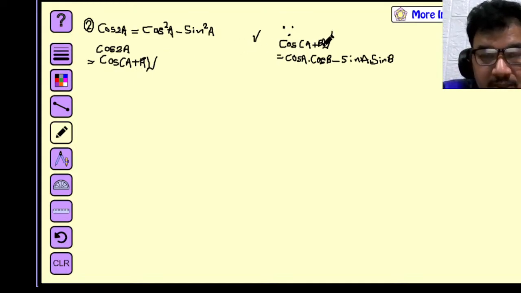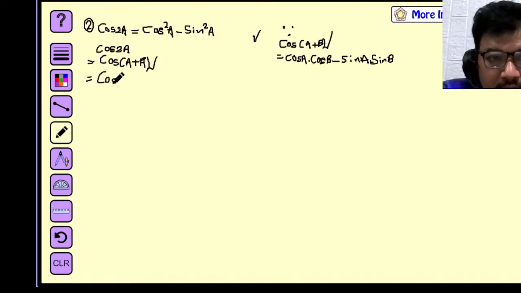Here is A, here is B, but here is A, both A. That's why when you write this formula in this compound angle form, it will come like this. Look here, it will be like this: cos A, right? Cos A multiply with cos A, right?